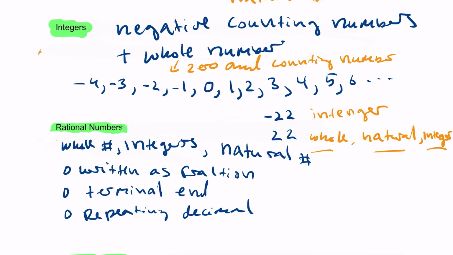You can have a repeating decimal and you can have a terminal end. The question is, what is a terminal end? For example, 0.25. This is a terminal end because it doesn't keep going.